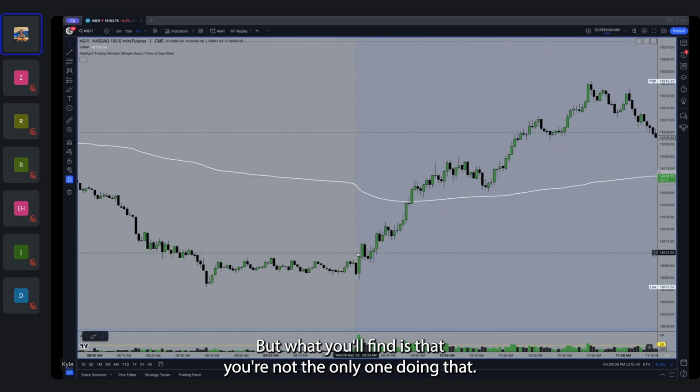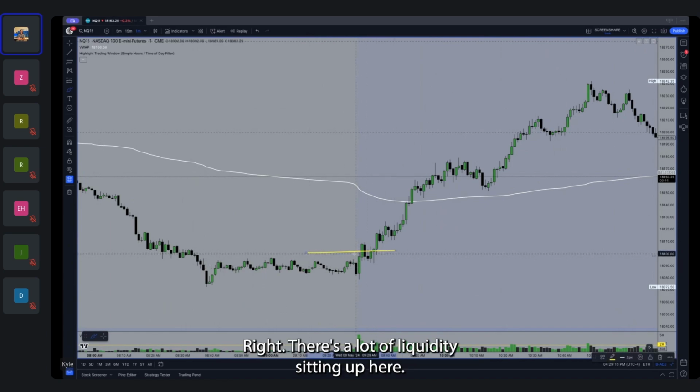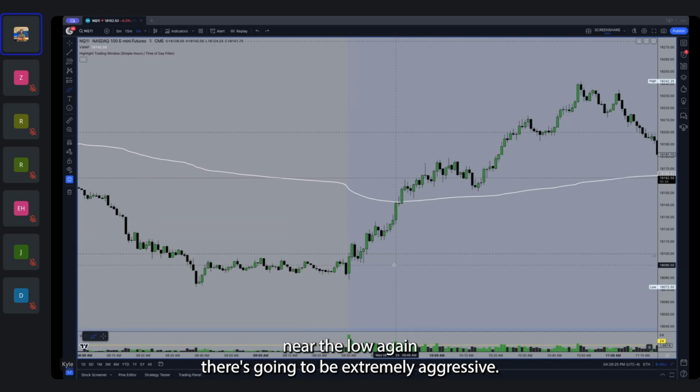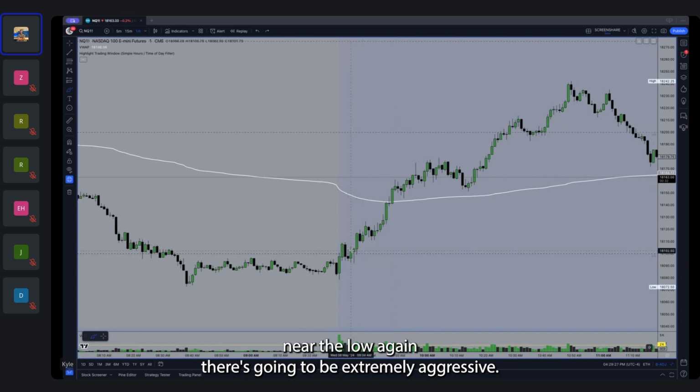This can work, but what you'll find is that you're not the only one doing that, right? There's a lot of liquidity sitting up here, and then the market moves to grab that liquidity, and you get flushed out.